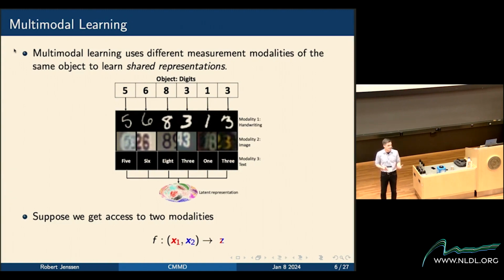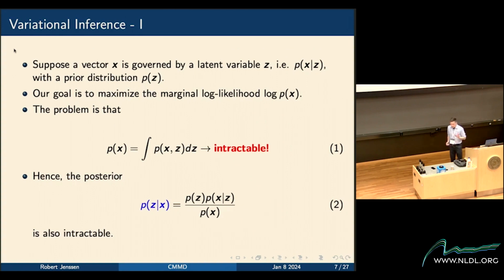The idea is that this is a shared representation for whatever modalities we may have, 2 in this particular illustration. So this is a setting. So now we just think about some observed vector, x. And this is now taking one step back.